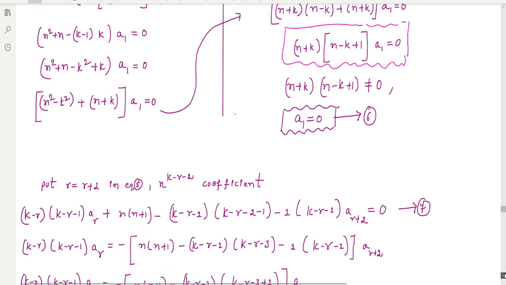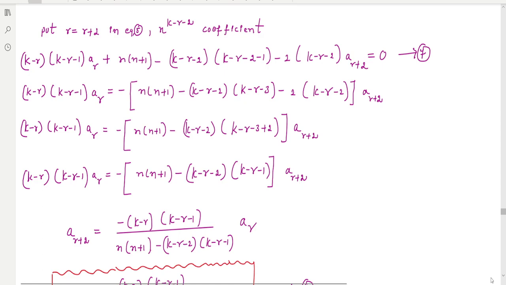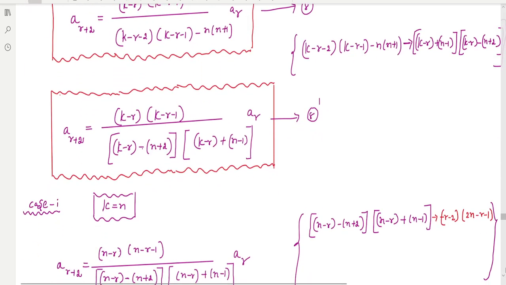Then I need to substitute r equal to r plus 2 in equation number 5. Then you will get the x power k minus r minus 2 coefficient term. Again I simplify this equation, and I got the x power k minus r coefficient term, this one.